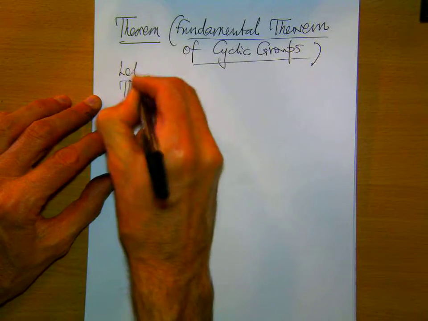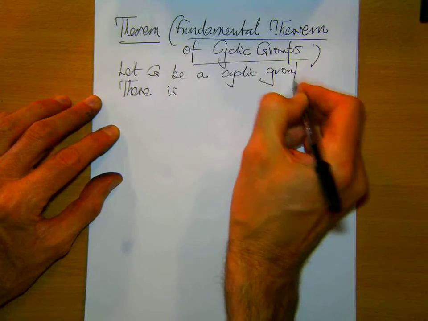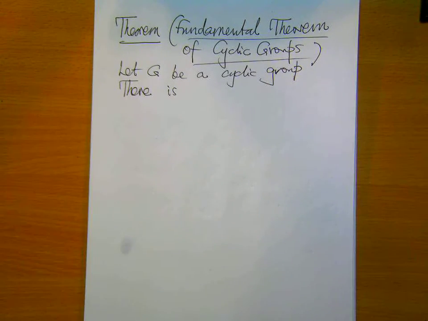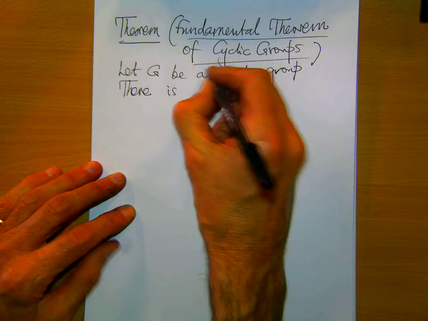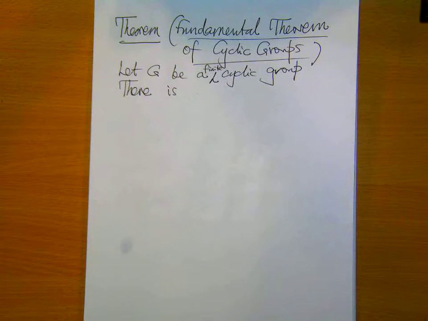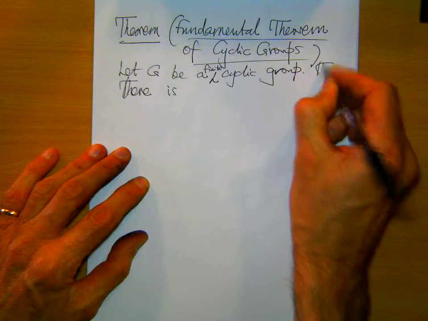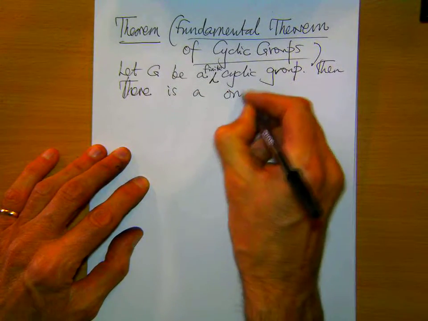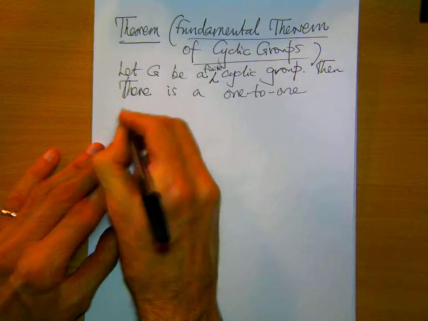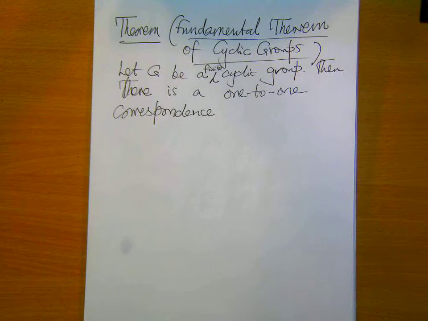So let G be a cyclic group. I'll actually need that G is finite now. Let G be a finite cyclic group. Then there is a one-to-one correspondence, in other words a bijection, between two sets. One of them is a kind of group theoretic set and the other is a number theoretic set.